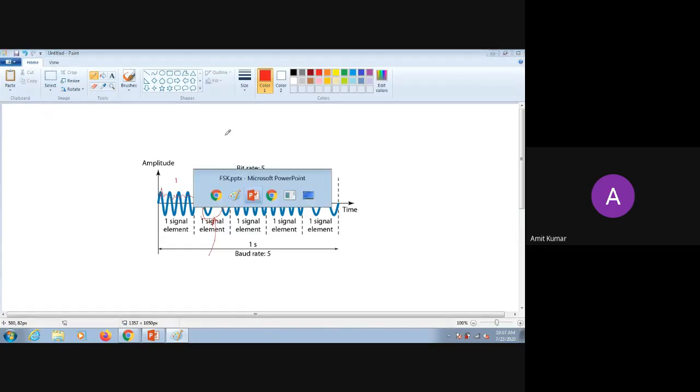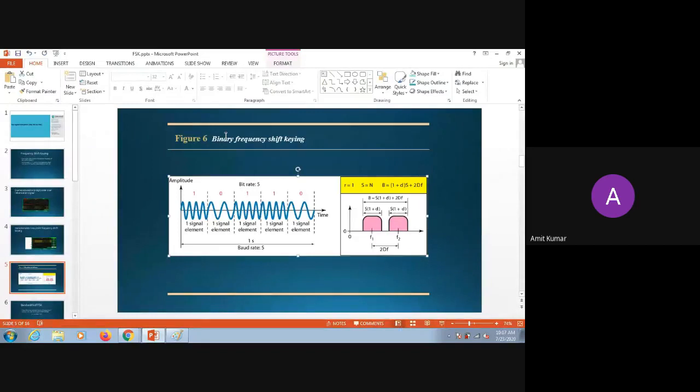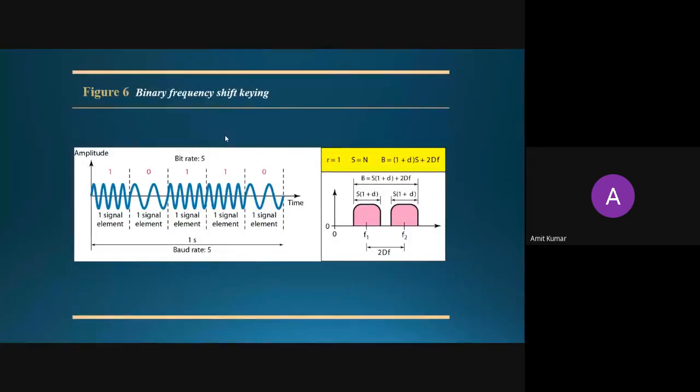FSK is noise immune. The noise will not affect your FSK signal. That's why we use FSK where you want very good reception and the signal should not be affected by noise. Otherwise we are happy with ASK, because its bandwidth requirement is very low.